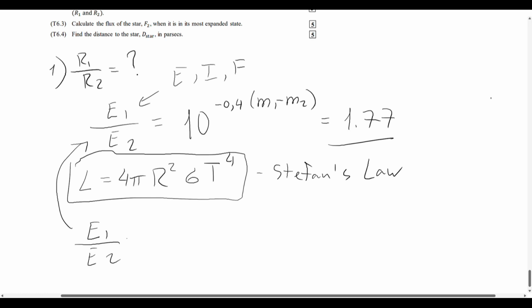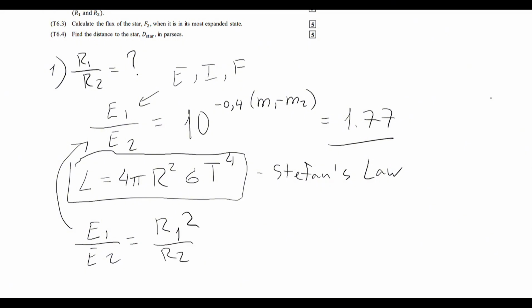E1 over E2 equals (R1 over R2) squared times (T1 over T2) to the power of 4.